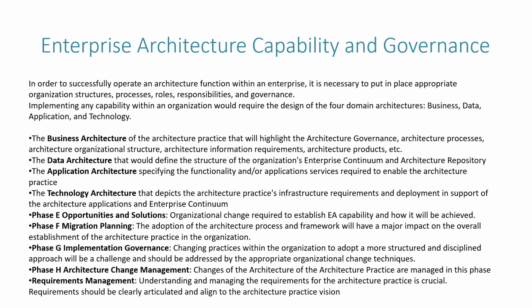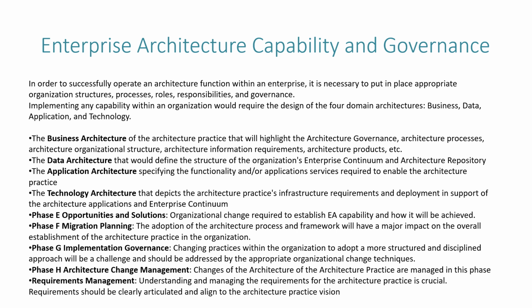Technology architecture will define the infrastructure requirements and deployment to support the architecture applications. So if the EA capability has decided to use the LeanIX application, then application architecture will define LeanIX and some other tools enterprise architects might use, let's say PowerPoint, Excel, and so on.